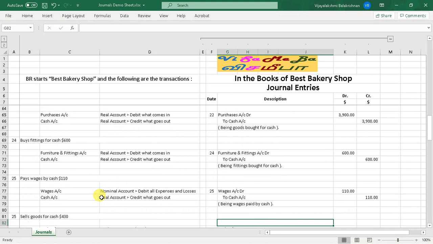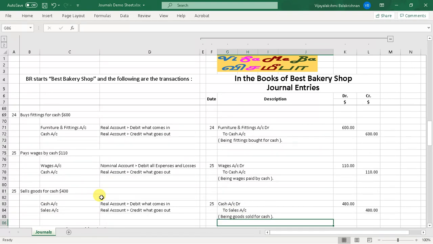The next transaction is buying fittings for cash, $600. Now fittings is classified as furniture and fittings. It's a real account where fittings is coming in, and cash is also a real account where cash is going out.